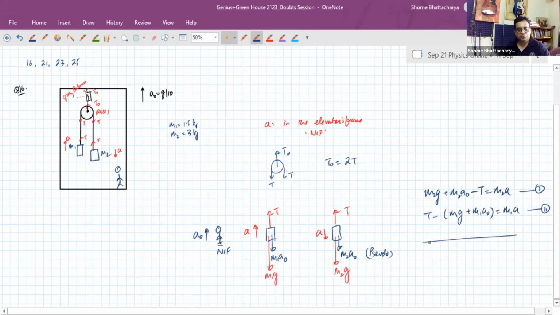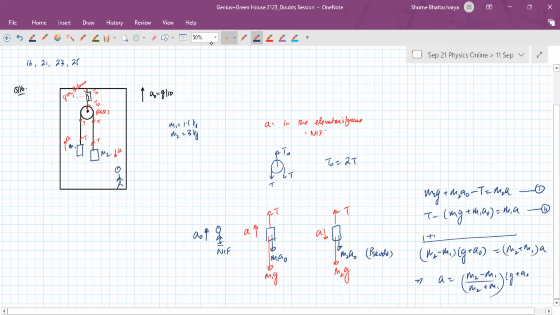Now, a very standard situation: if you just add these two equations, you will get (M2 minus M1) into (G plus A naught) is equal to (M2 plus M1) into A. So we get a relation like the standard Atwood machine relation, but G is replaced with G plus A naught because of the effect of the non-inertial frame.